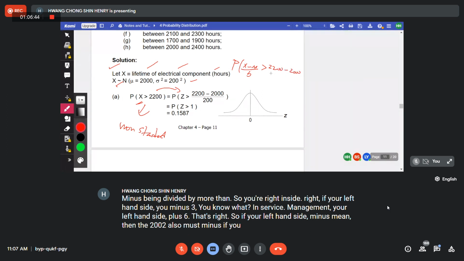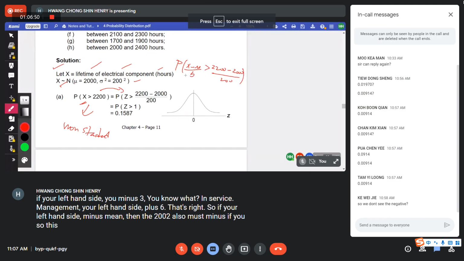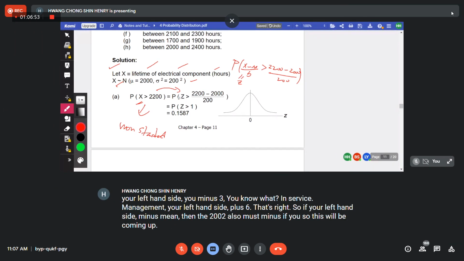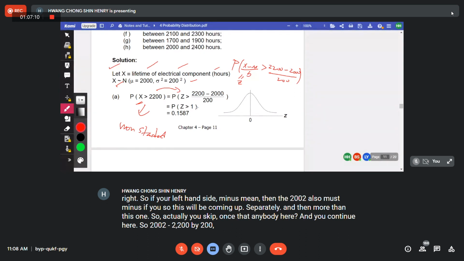If you divide by sigma, this one must divide by sigma, which is 200. So this will become your Z already, and then more than this one. So actually you skip one step. Can you copy this one here? And you continue here. So 2200 minus 2000 divided by 200 is 1. Okay, positive 1, right? Just now. More than.